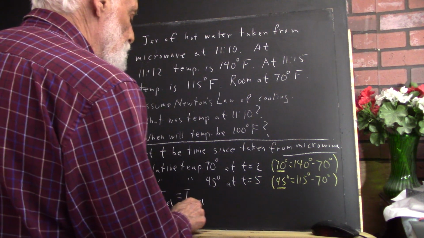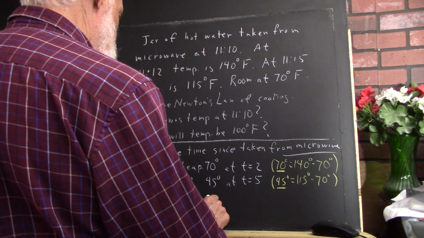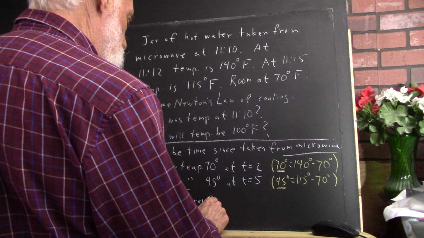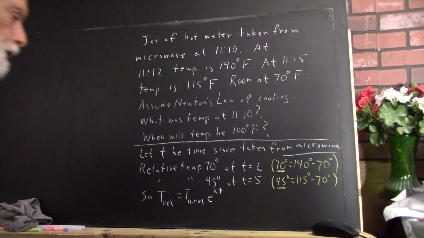It's T0 relative, in other words, your original relative temperature, times e to the KT.